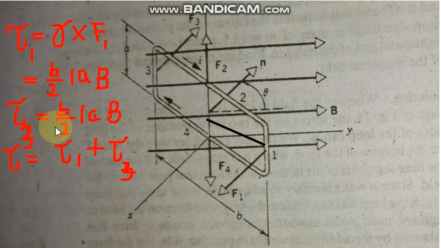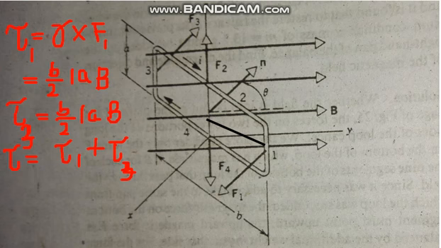So the same will be the value of the torque acting on this side 3, because everything is the same. The moment arm has the same value, b by 2. The force F3 acting on this line segment has the same magnitude as F1, and that was given by IAB. The angle between R and F is again the same.